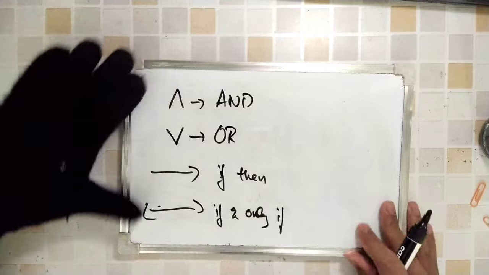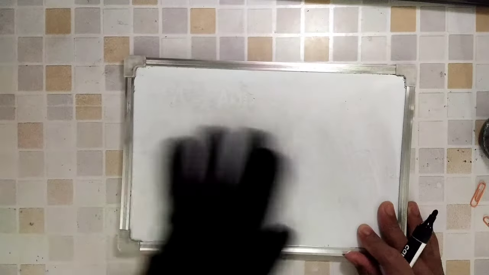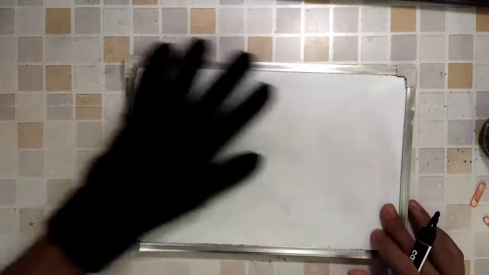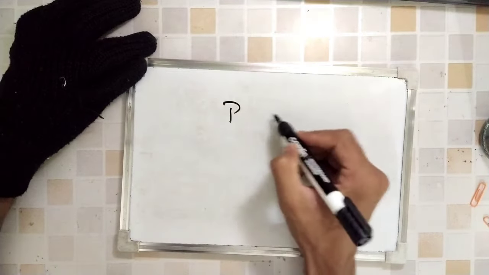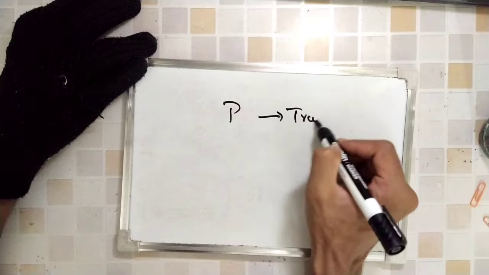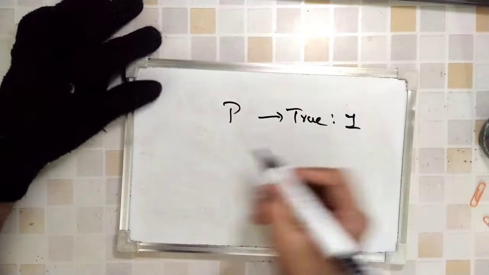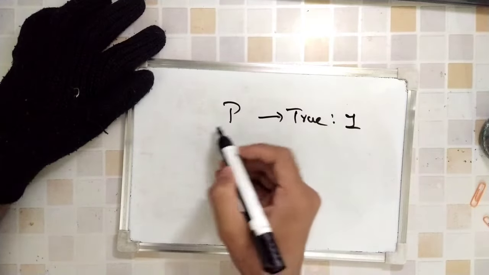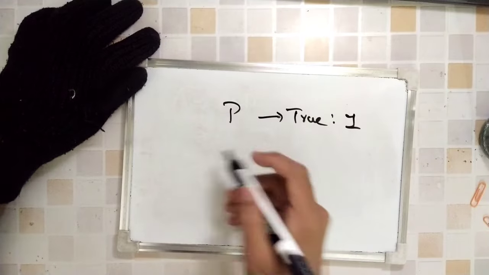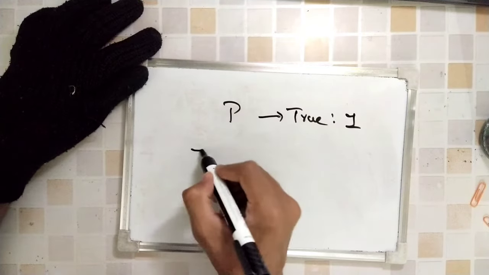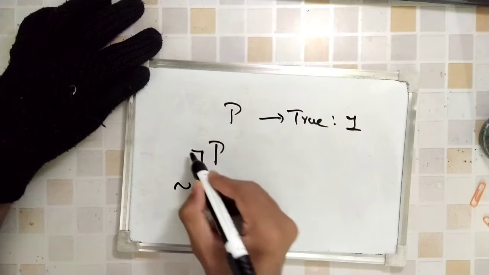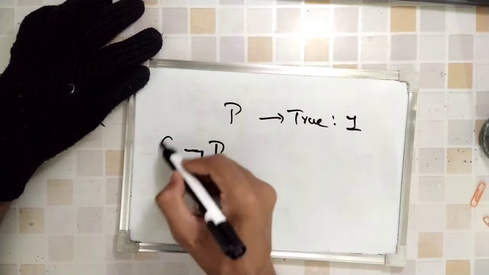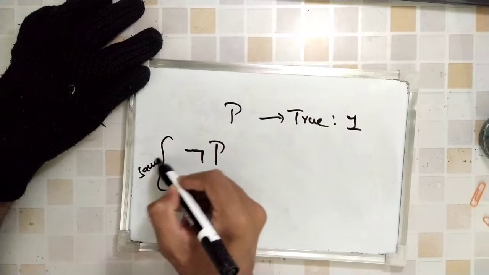I will be talking about the scenarios where each will be true and where it will be false. So given a statement P, if P is true, then the value will be 1. They will ask what is the negation of the statement. The symbol for negation is like this. You can either write like this or like this, both are the same.